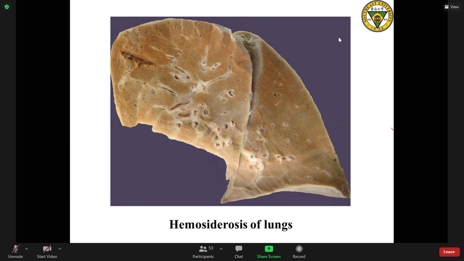We know when the pulmonary congestion and the blood red cells entered the alveolar cavity, macrophages can phagocytize the erythrocytes and formed heart failure cells. So many hemosiderin deposit in the lungs. This is hemosiderosis of the lungs. It means many hemosiderin deposit. Some may be in the cytoplasm of macrophages.